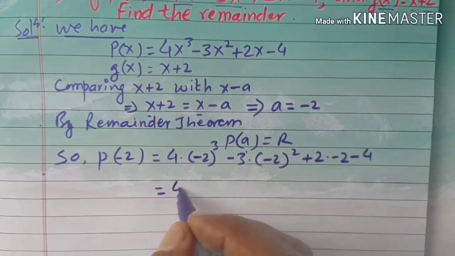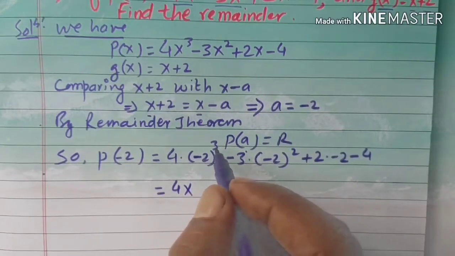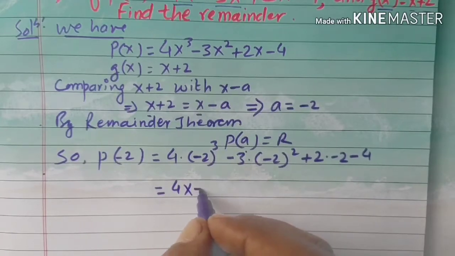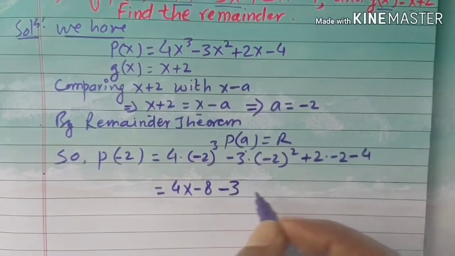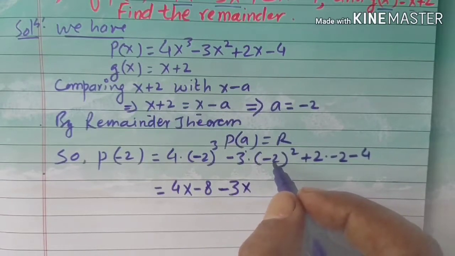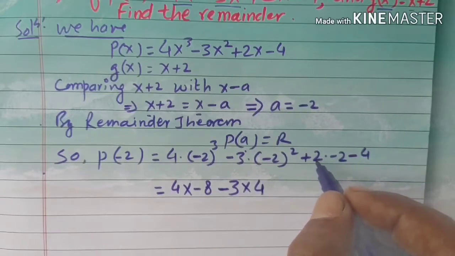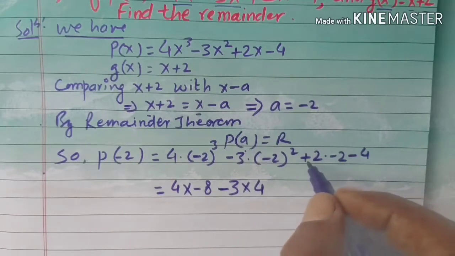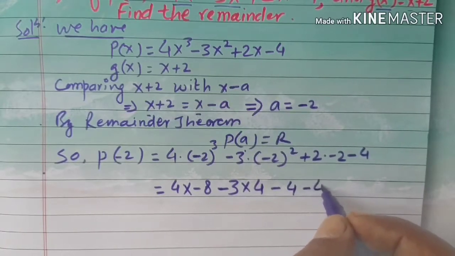Here 4 is as it is, times the whole cube of minus 2, which will be minus 8, minus 3 times the whole square of minus 2, which will be 4, plus 2 times minus 2, which will be minus 4, minus 4.